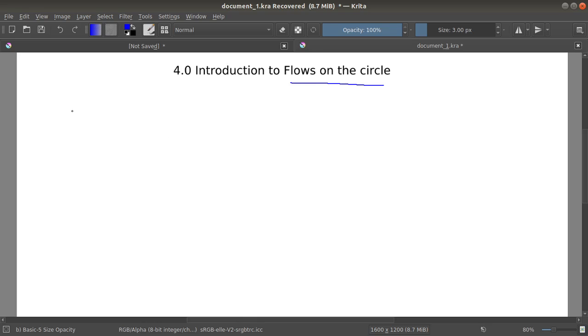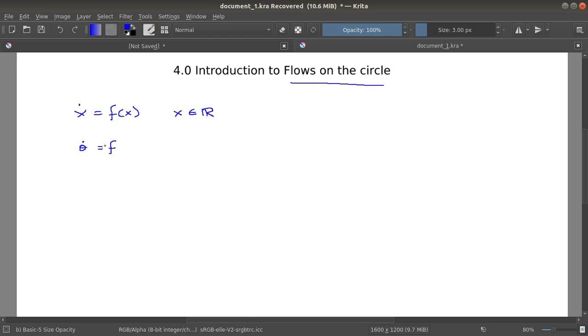For example, what we have seen earlier is flows on the line, where this is how we have the system dynamics, and x belongs to the real space. And in flows on the circle, we are going to introduce the dynamics in the following manner.